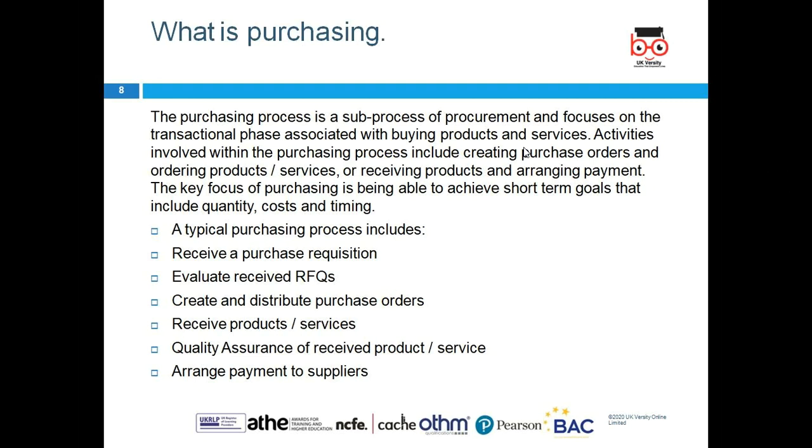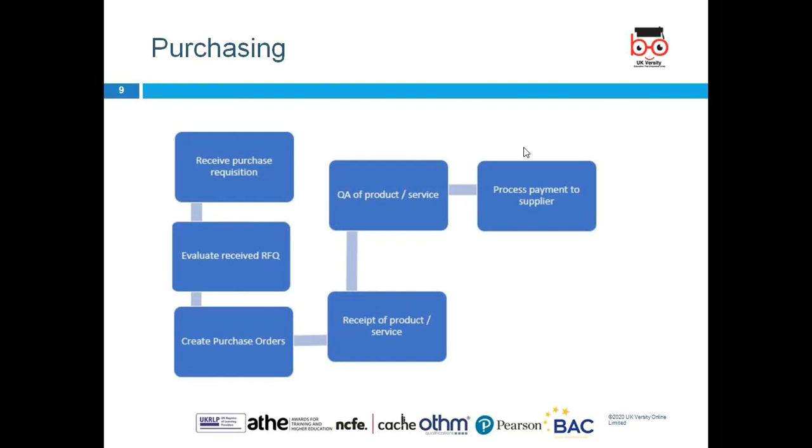Yes, we should have a quality control department. They come and open the boxes and check some good samples. Yes. So if the product is not fit for purpose, we should return it. Purchasing, receive the purchase requisition, evaluate, as we discussed, we can show in the mind map as well.